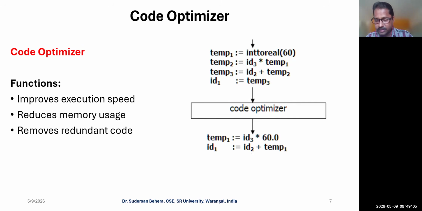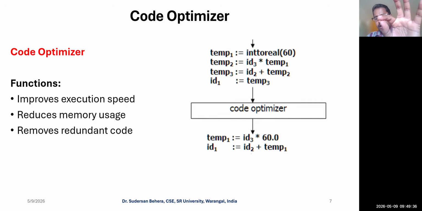What is three address code? In three address code, a maximum of 3 operands can be there. The same thing is present here. In temp1, first of all, inttoreal 60 means the operator converts 60 into 60.0. The code optimizer directly converts the integer value 60 to 60.0.